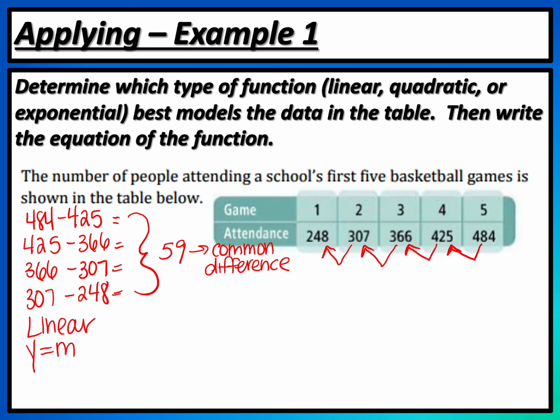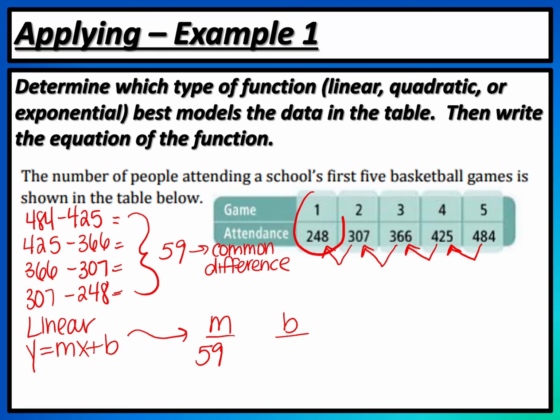We're going to use y equals mx plus b and write the equation that's modeled in the table, which means we need m and b. We already have the m. That comes from the common difference. And we're going to find the b by working backwards.